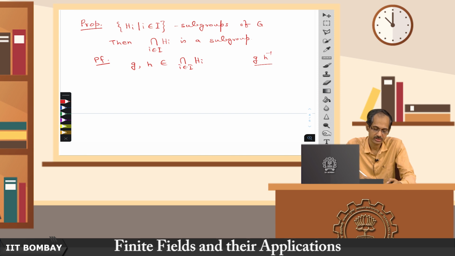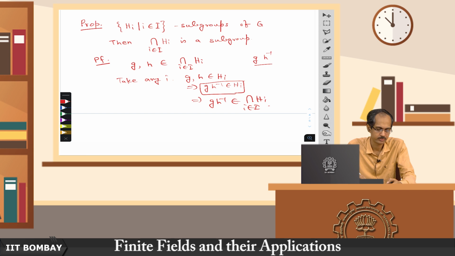Well, this is very simple because g and h belong to each of them. So, if you take any H_i, g and h belong to H_i and H_i is a subgroup, so g h inverse belongs to H_i. Now, this holds for every i, and so this implies that g h inverse is also in the intersection of H_i. That is it. So, this proves the result.